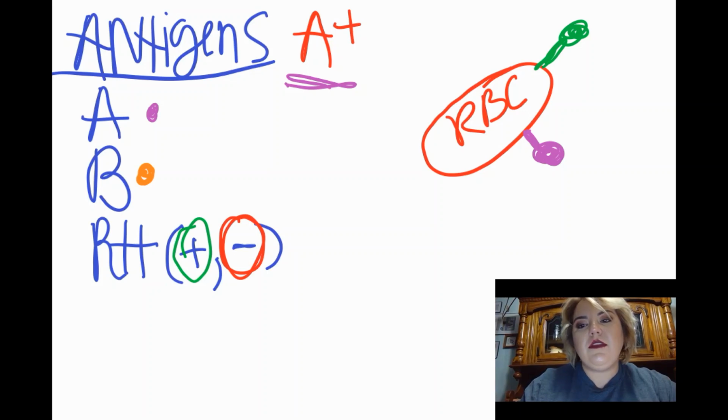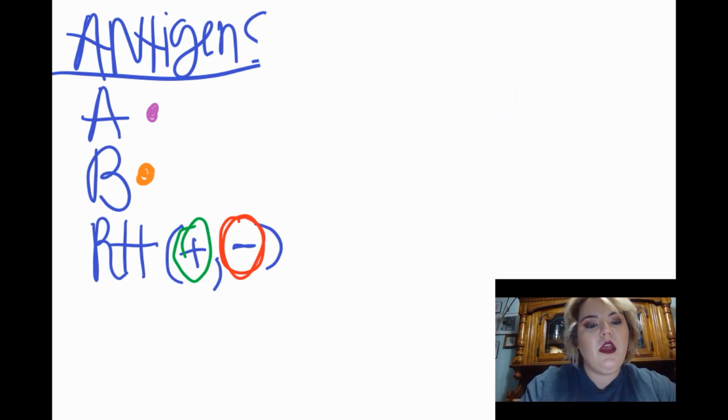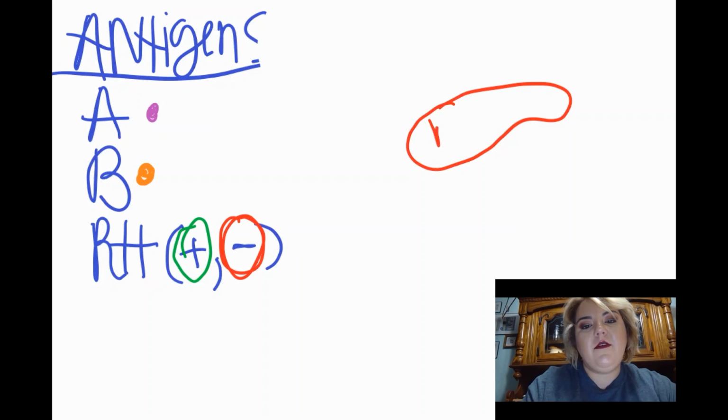So let's do another quick example here. Let's say that our red blood cell, and here's another antigen.